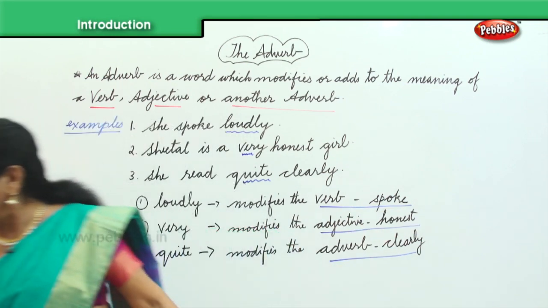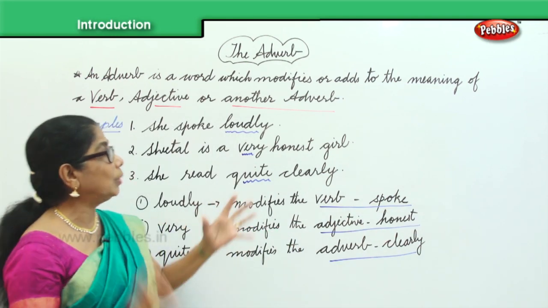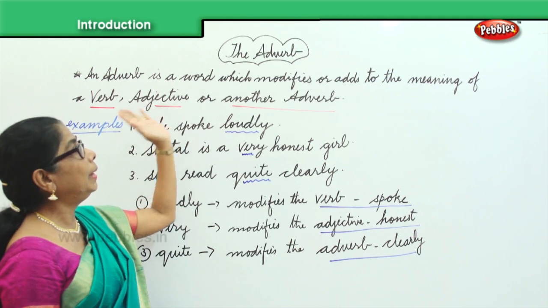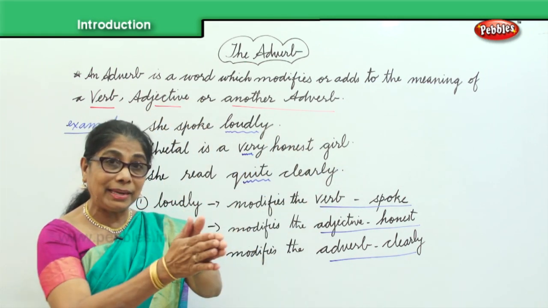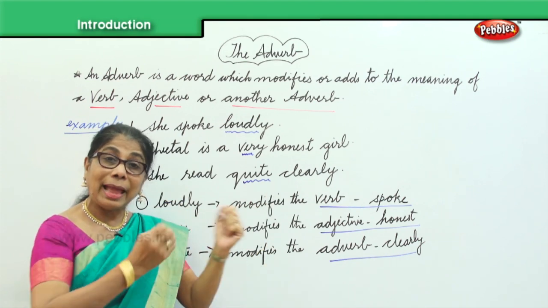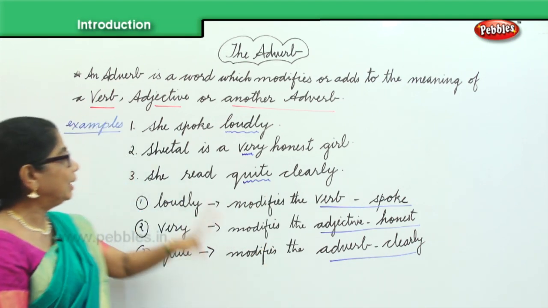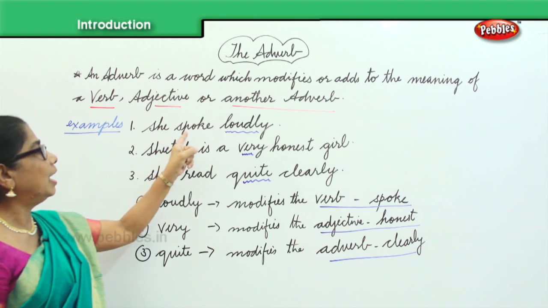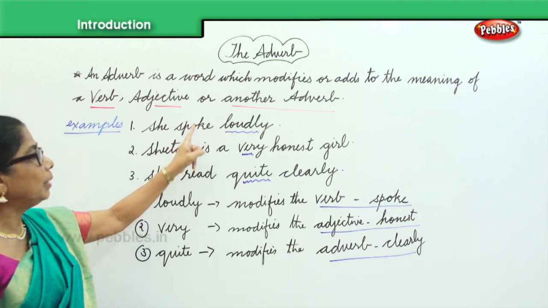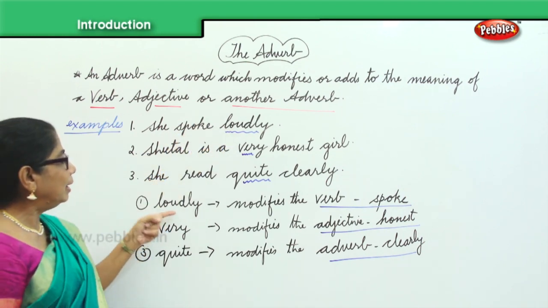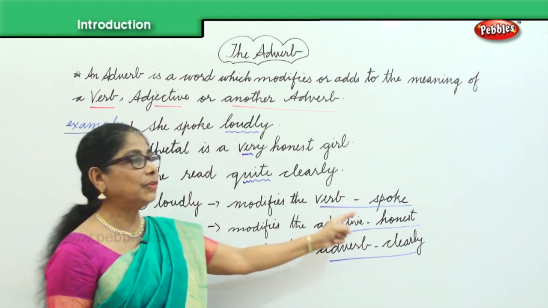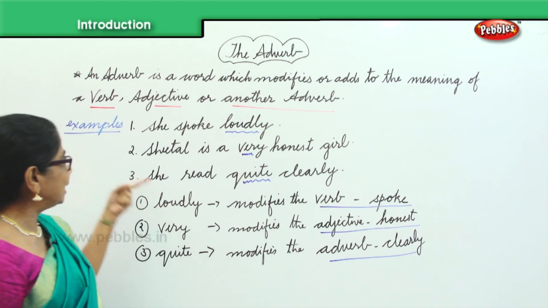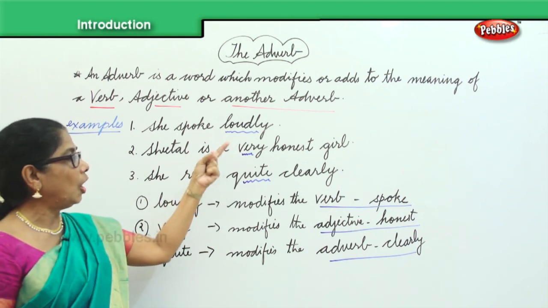Now, in all these cases, what we are looking at is an adverb is a word which modifies or adds meaning to a verb, adjective or adverb. In the first sentence, we have a verb spoke, and therefore loudly is the adverb, modifies the verb spoke. In the second sentence, we have Sheetal is a very honest girl.